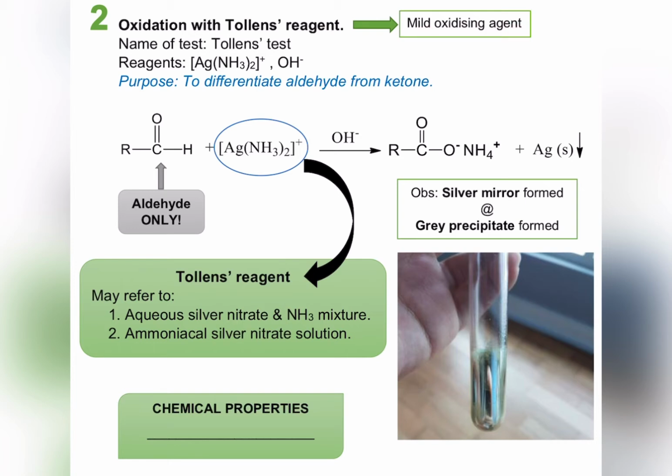So when you want to write the equation for that, first thing first, please remember Tollens reagent is what we use in the Tollens test. So this is a chemical test.